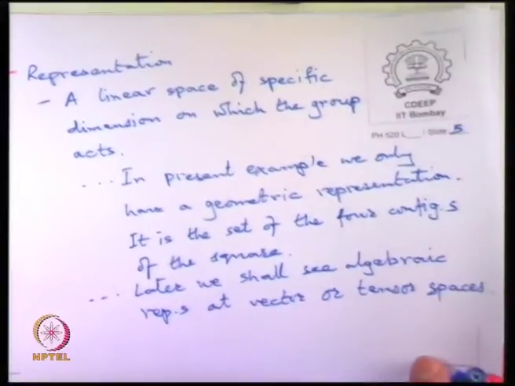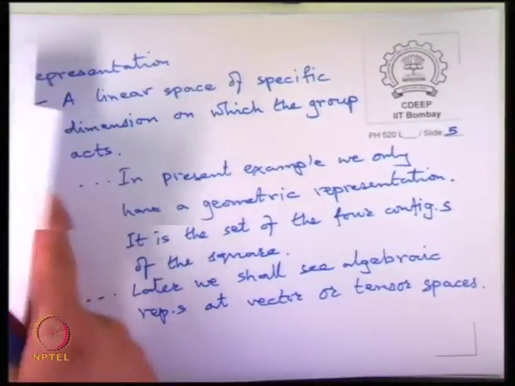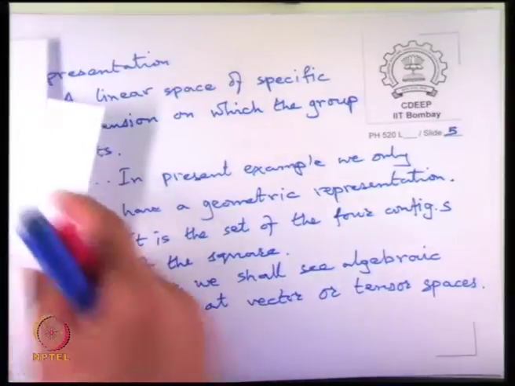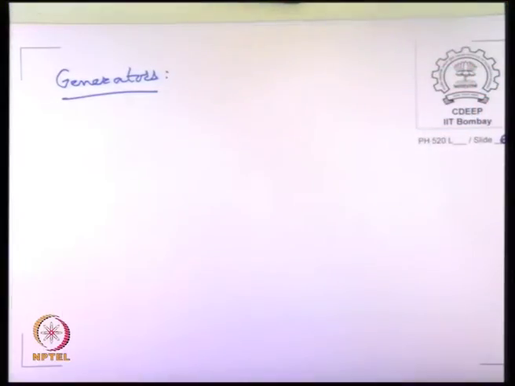The next, we come back to specific terminology. So, next we discuss generators. By generator we mean some set of elements which when raised to some power, multiplied by itself or among themselves, generate the whole group.